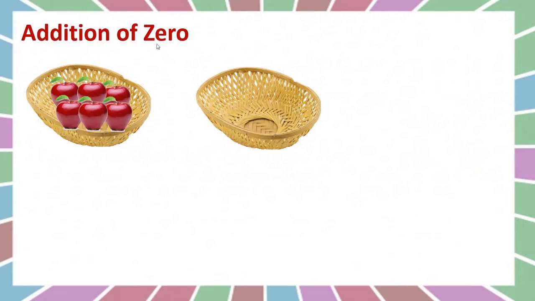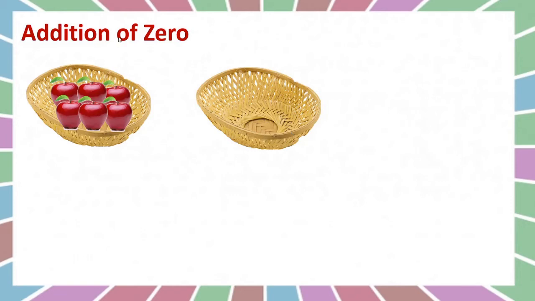Addition of 0. First we will go through the addition of 0, means making total. Okay, here you can see two baskets, right? In first basket we can see apples. Let us count these: 1, 2, 3, 4, 5, 6. In first basket there are 6 apples. And in the second basket there are none. We cannot see any apples here, right?